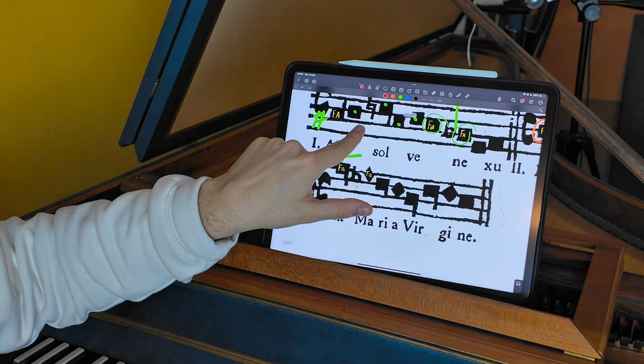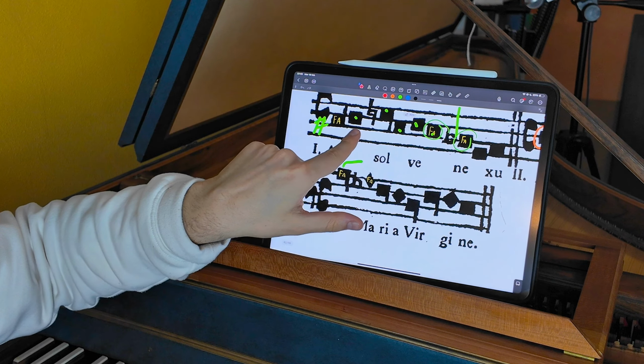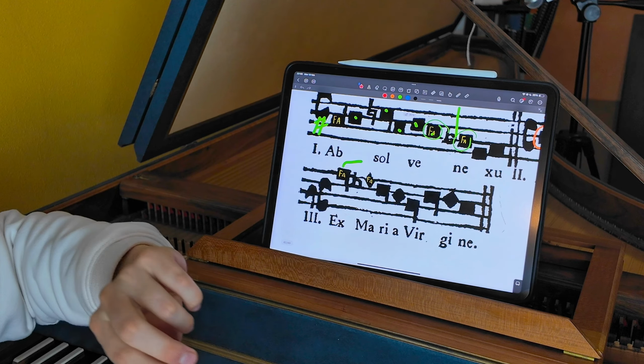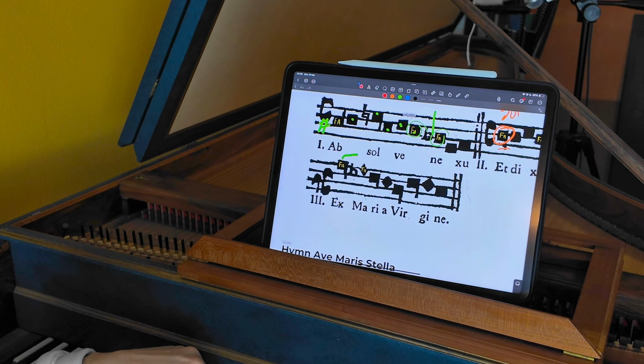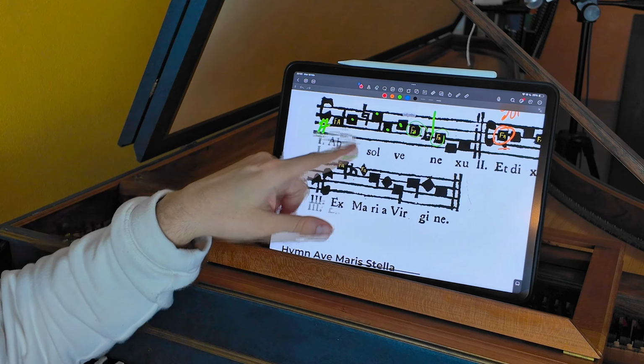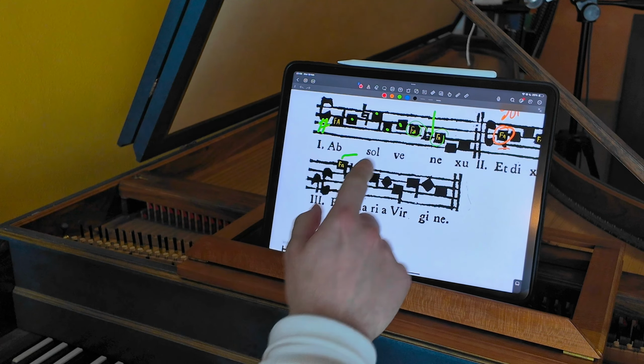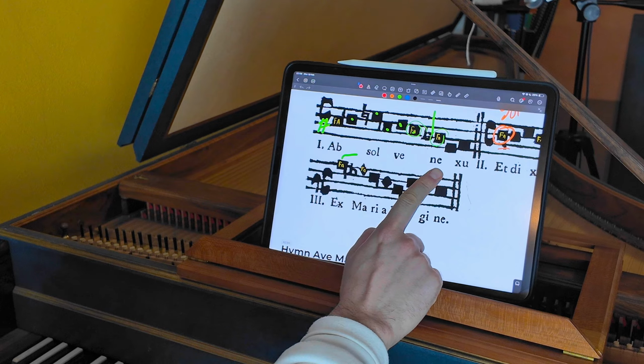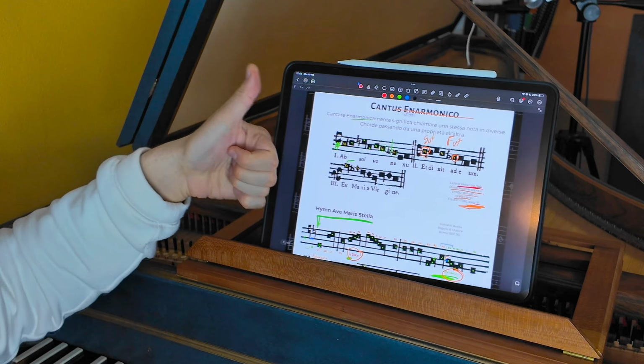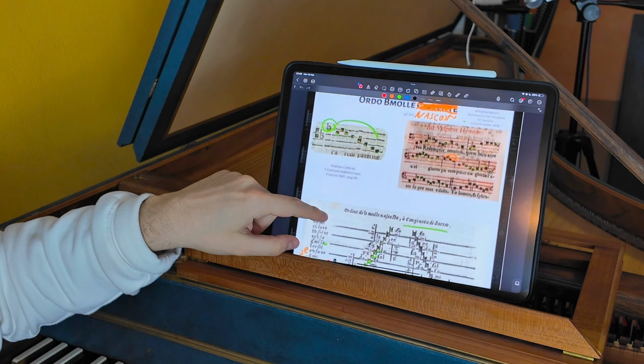Why fa, sol, la? Because the presence of this symbol indicates that we have to use the Ordo Bquadro Giacente.